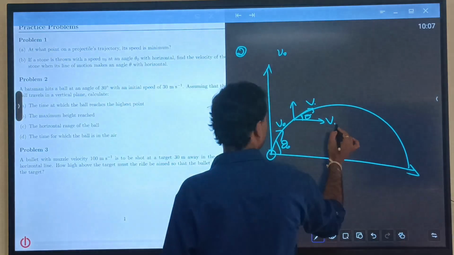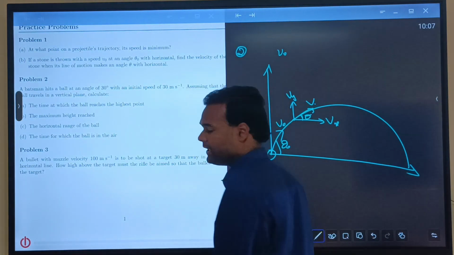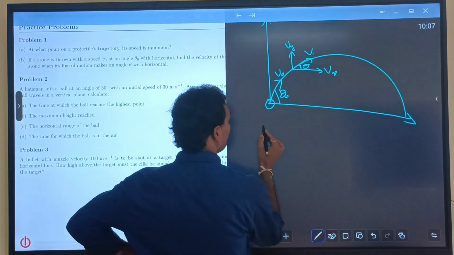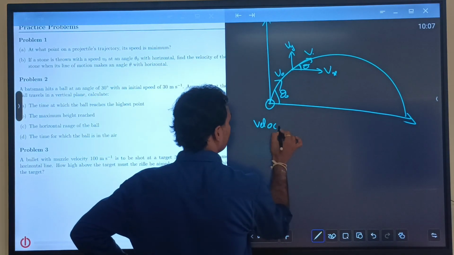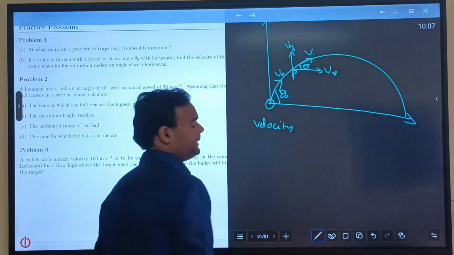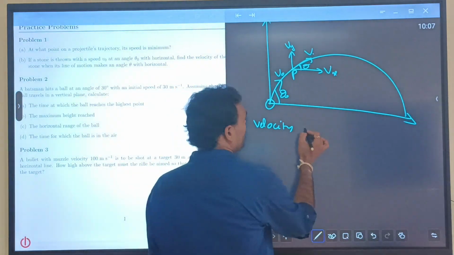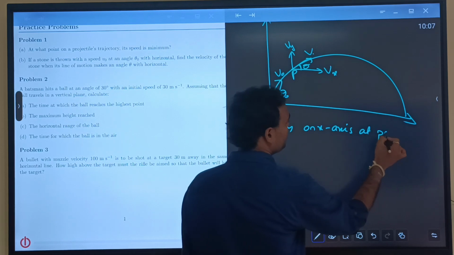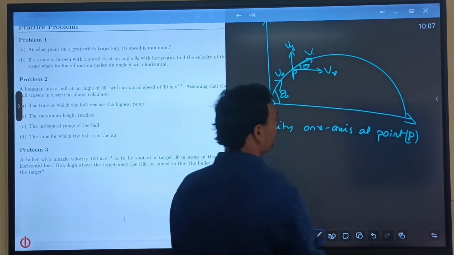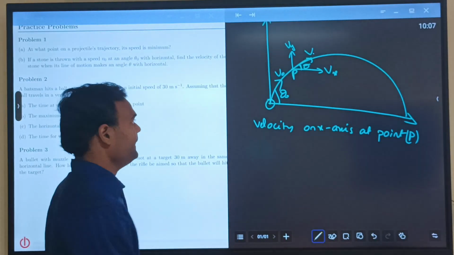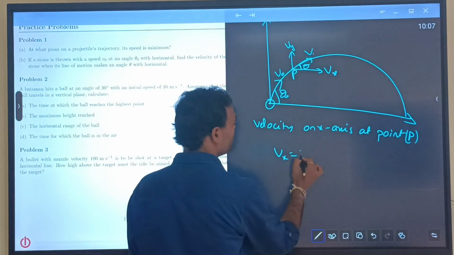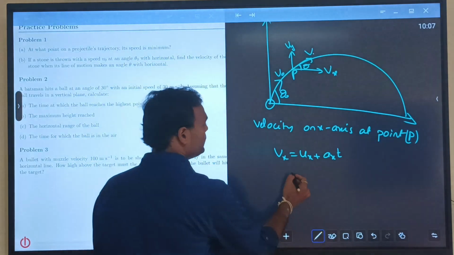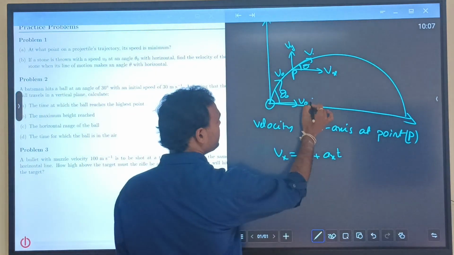Here it should possess vx on the x-axis, vy on the y-axis. Am I right? Right. Suppose, let us consider it is point P. Velocity on the x-axis at point P: vx is equal to ux plus ax t, and the ux value here is v naught cos theta naught.